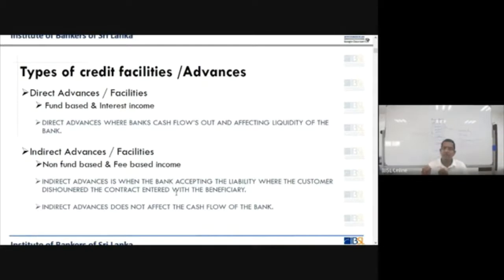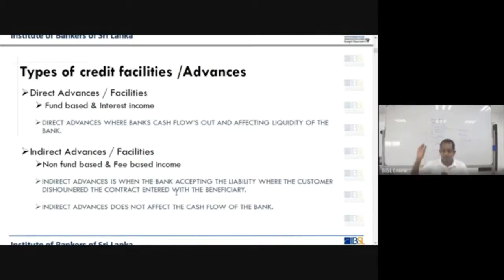If the customer dishonors the agreed contract or performance of something, we will pay a compensation. On the indirect facilities, the bank is not giving out money at the first instance. The bank is undertaking a liability on behalf of a customer.